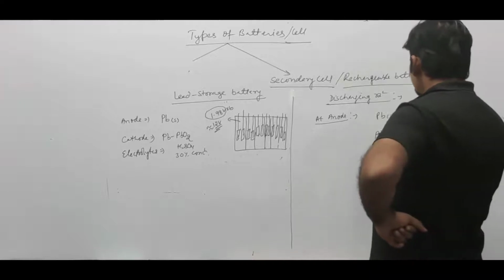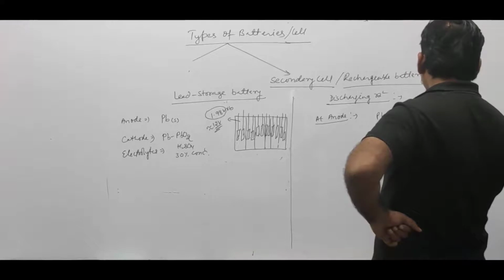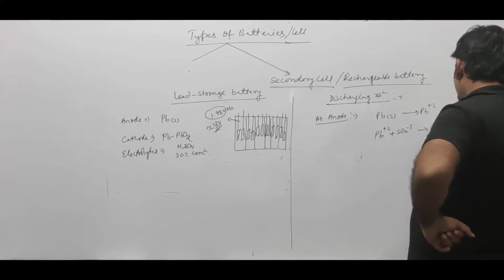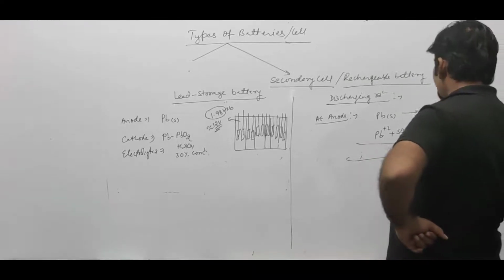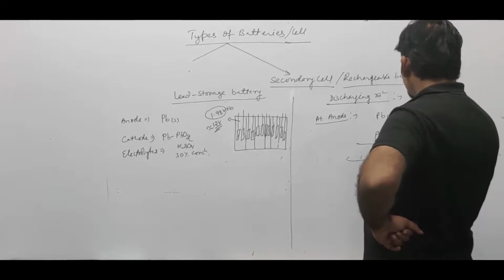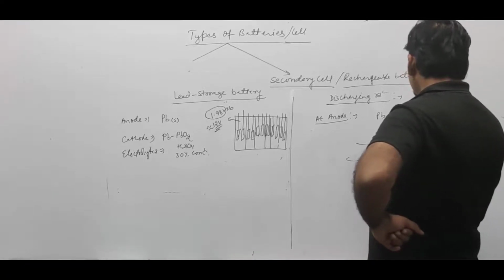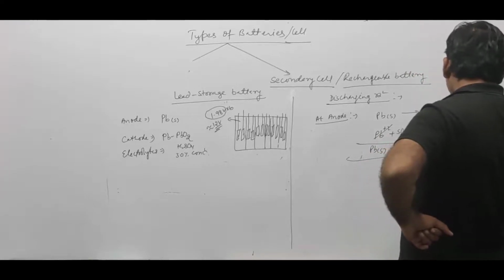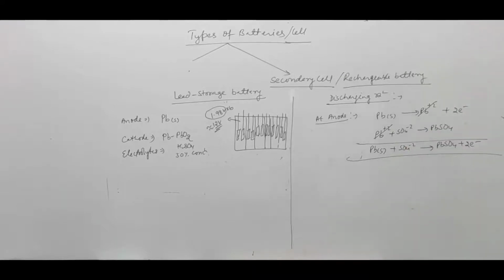Then Pb2 plus will accept SO4 2 minus, becoming PbSO4, which is solid. So the net reaction is, Pb2 plus cancelled, Pb solid plus SO4 2 minus gives rise to PbSO4 plus 2 electrons. So this reaction takes place at the anode.